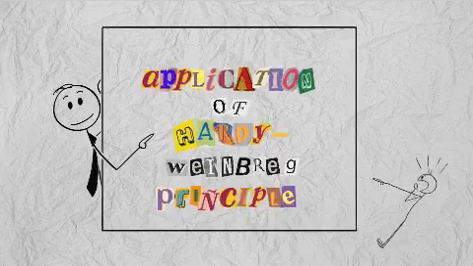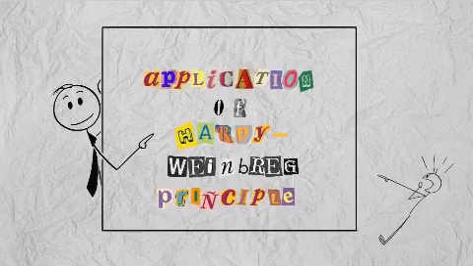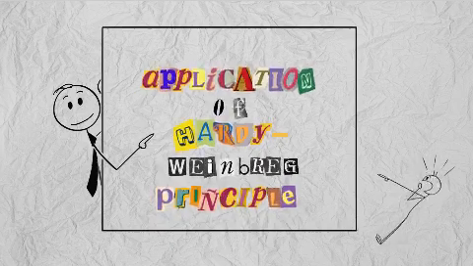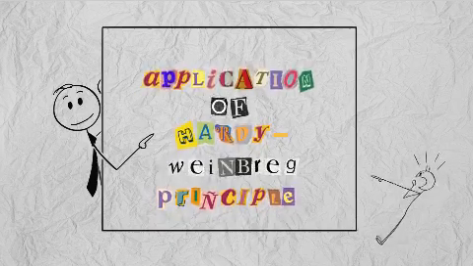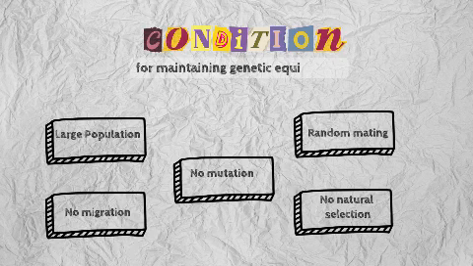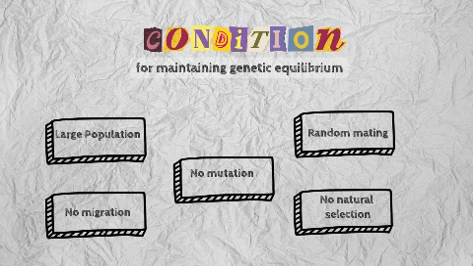The Hardy-Weinberg principle states that the genetic makeup of a population remains constant across generations unless evolutionary forces act. For a population to remain in Hardy-Weinberg equilibrium, it must meet five key assumptions. The first is that the population is large, to prevent random genetic drift.